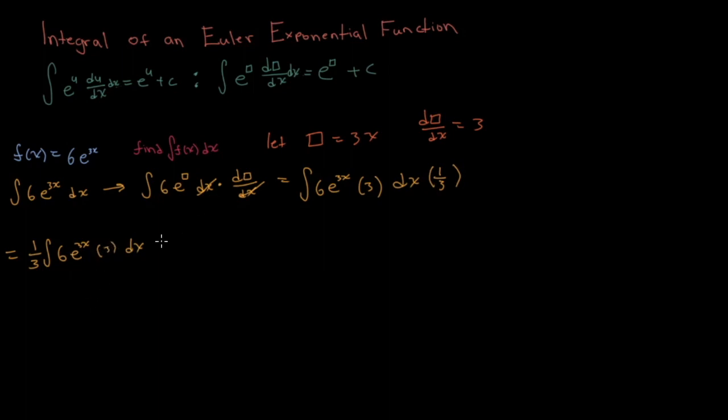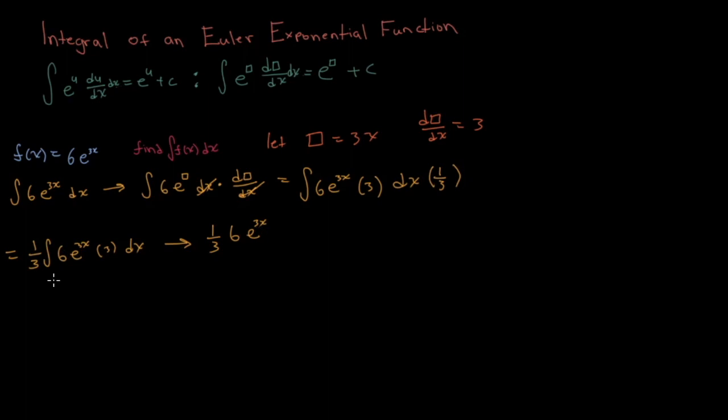When we integrate, that will give us 1 over 3 times 6, and as we know, the integral of e to the something is just itself, so we get e to the 3x. Of course, if we wanted to, we could have also pulled this 6 out of the integrand, which would have been a slightly better form.